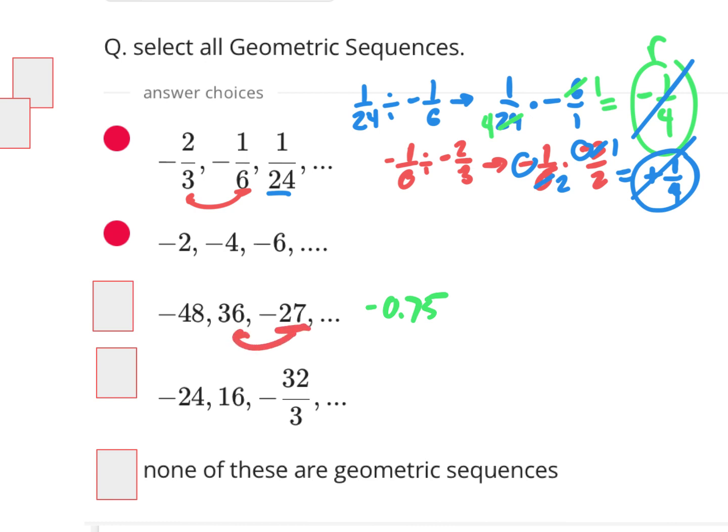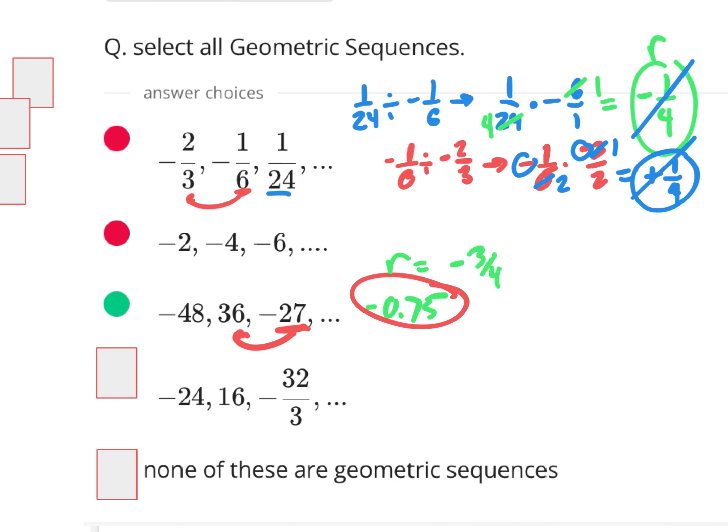Negative 27 divided by 36 on the calculator is the same thing, negative 0.75. So this one does have a common ratio. It is negative 0.75, or you could think of it as negative 3/4. Either way, this one is geometric because it does have the common ratio of negative 0.75 or negative 3/4.